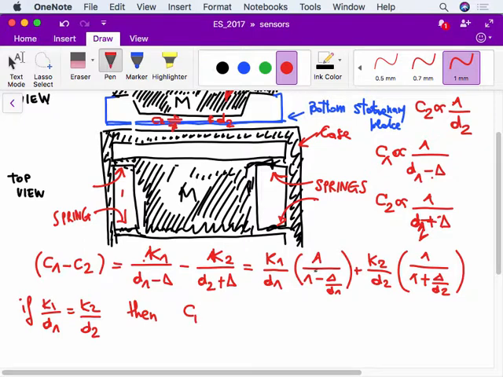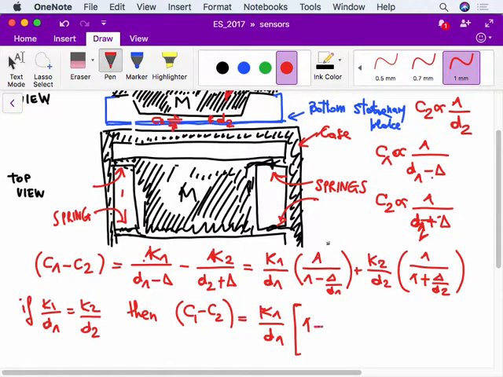then we can have that this capacitance difference is equal to K1 over d1 if we do a first order expansion because delta is much smaller than d1.